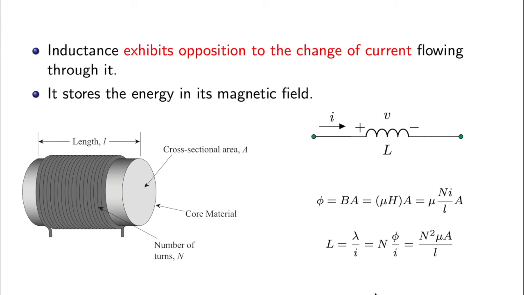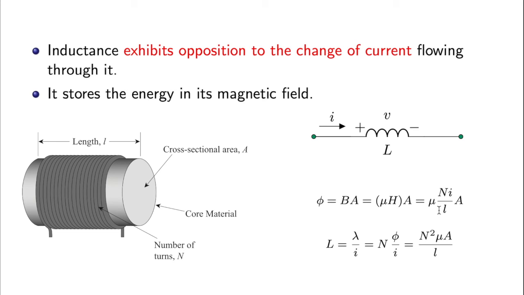This is basically a coil of conducting material wound on a magnetic core. Corresponding to this, when there is a current, there will be a flux. That flux is measured in terms of the flux density and the area of cross section. This flux density is related to the magnetic field intensity.